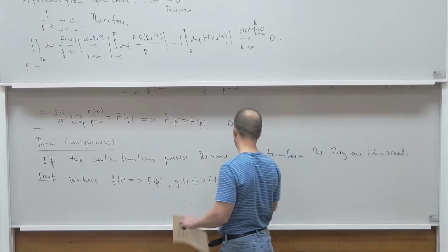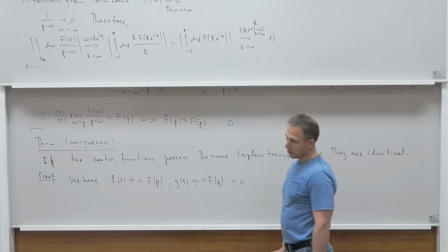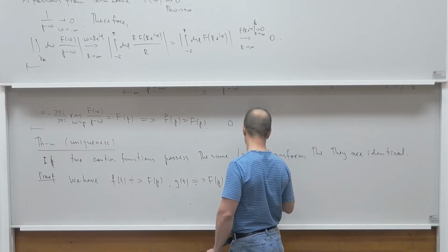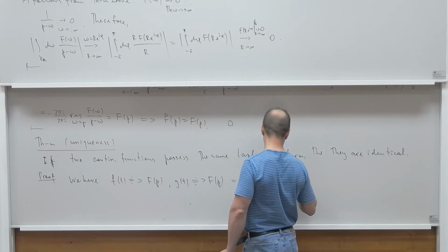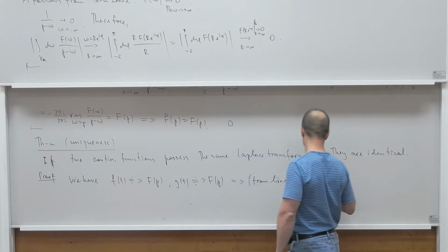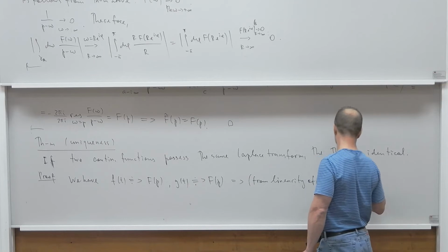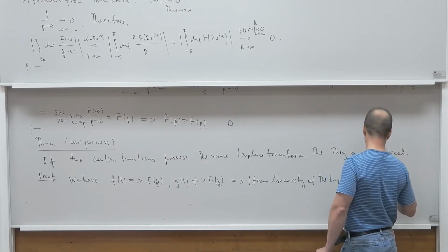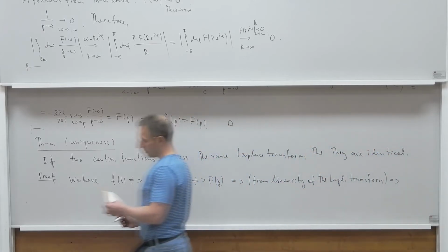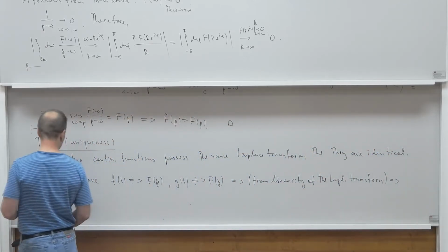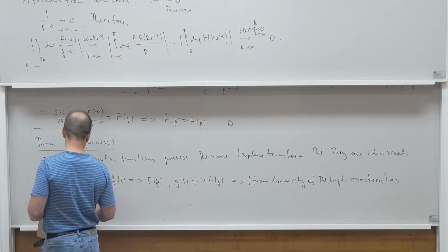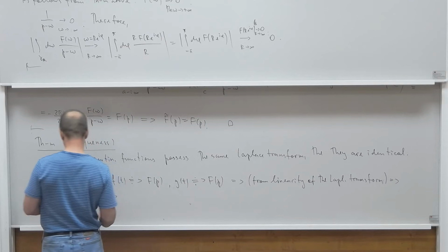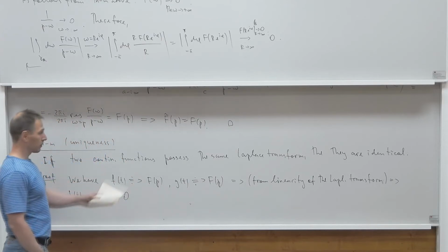Then, as follows from linearity of the integral defining the Laplace transform, we have that the difference between f small of t and g small of t is transformed into 0. It's clear from these formulas.